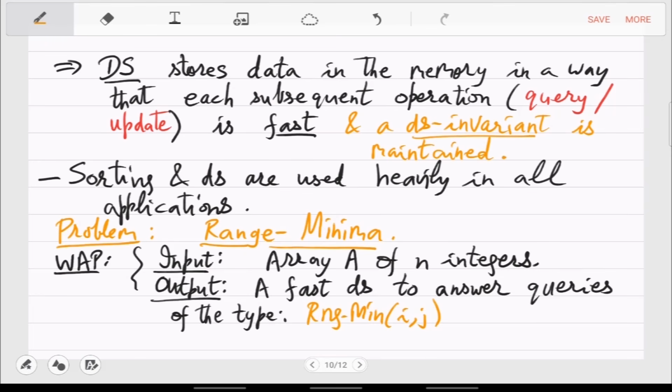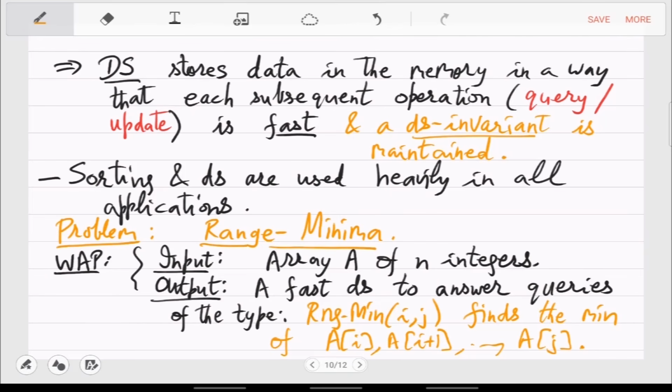Okay, these will be your queries. So range min i j finds the min of a_i plus 1 dot dot a_j. Okay, so these are integers.